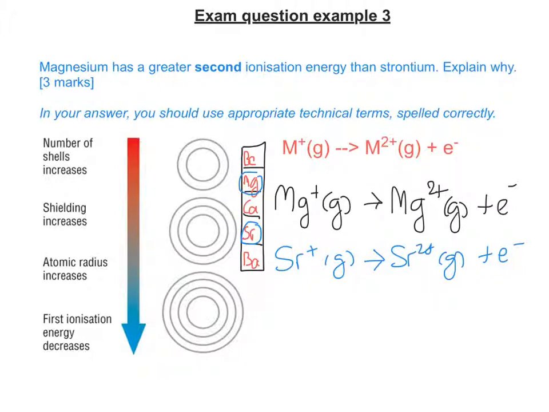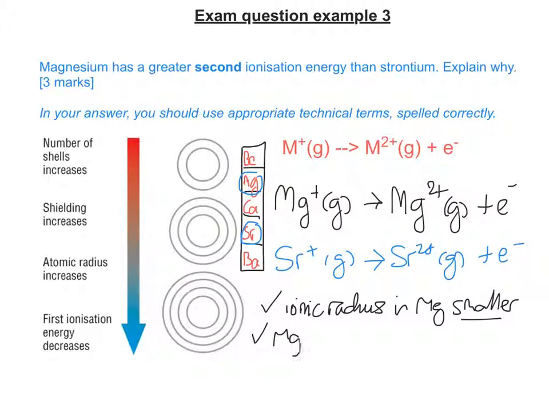And the conclusion is, first of all, ionic radius in Mg is smaller. We can also say Mg+ electrons experience less shielding.